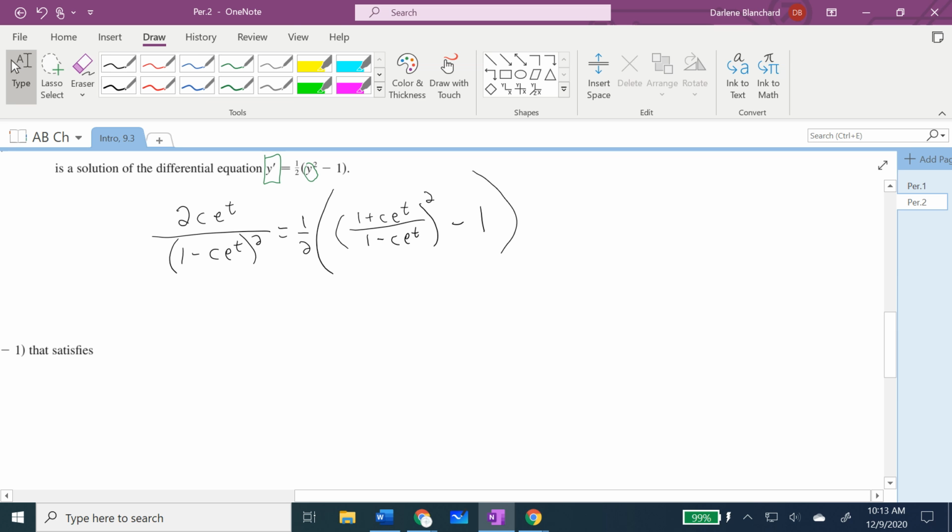I'm going to pause for a moment. At this point, it's just play with algebra, and everybody's got slightly different ways that they're going to play with their algebra.